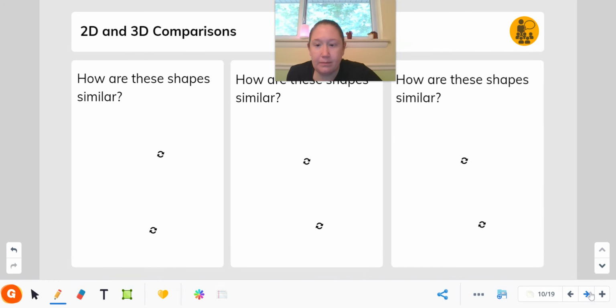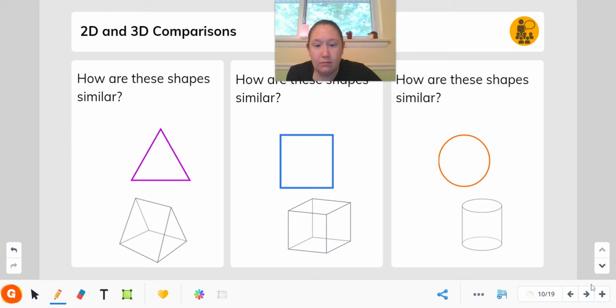All right, let's compare shapes. How are these shapes similar? We have a triangle, and then we have, it's not quite a pyramid, but a 3D triangle. If you look, we have three sides here for the triangle. And if you look at the 3D one, there's a triangle there and there's a triangle there.